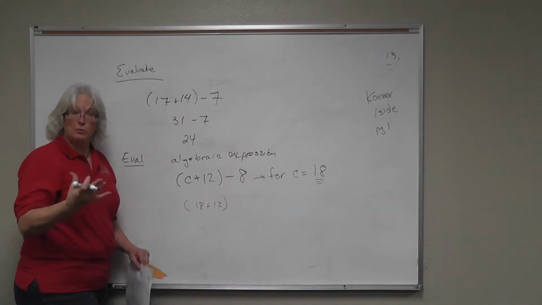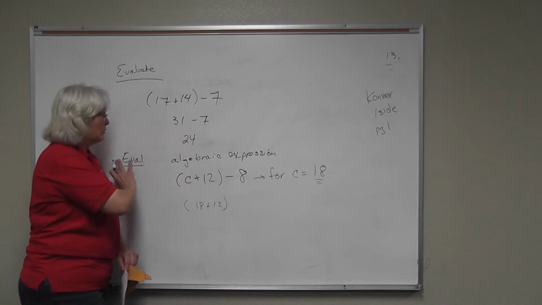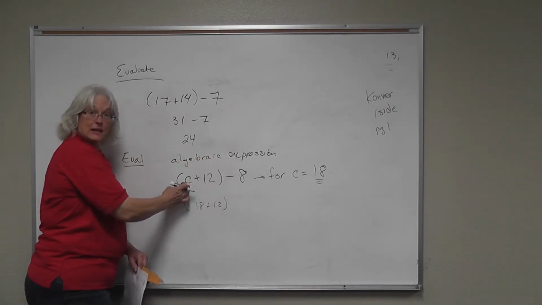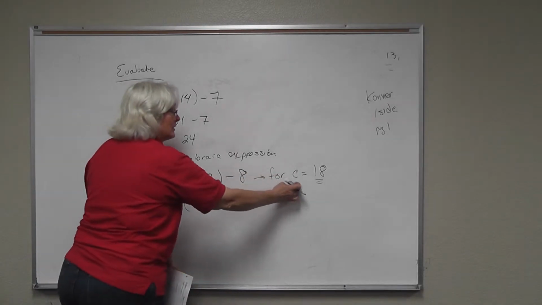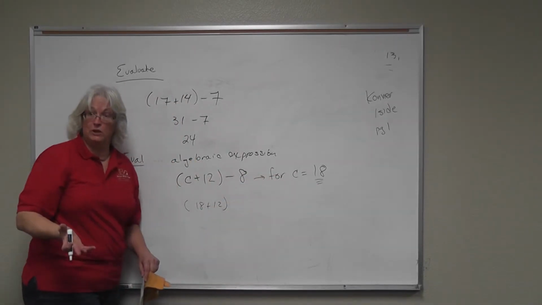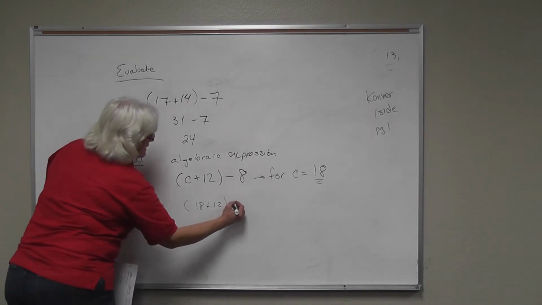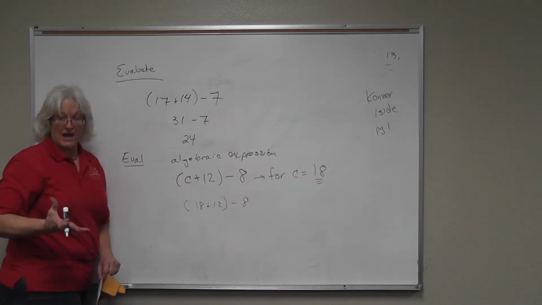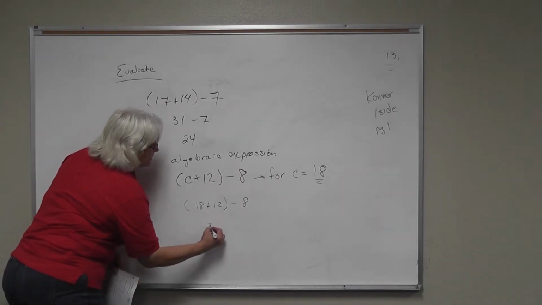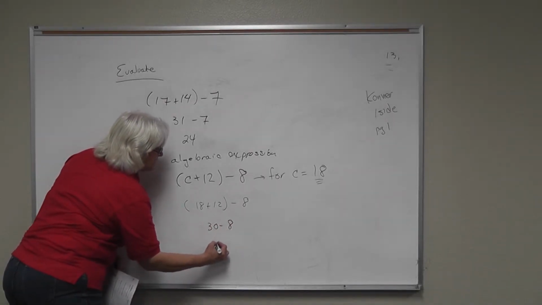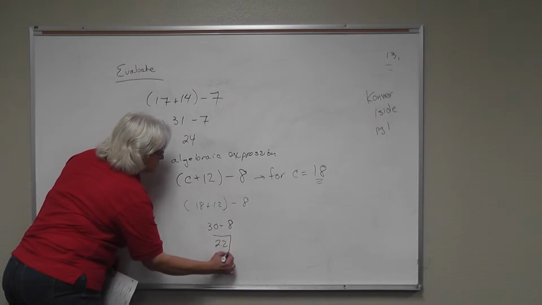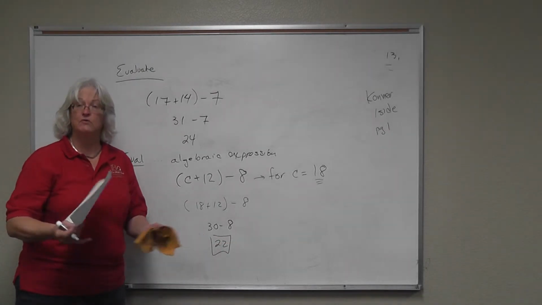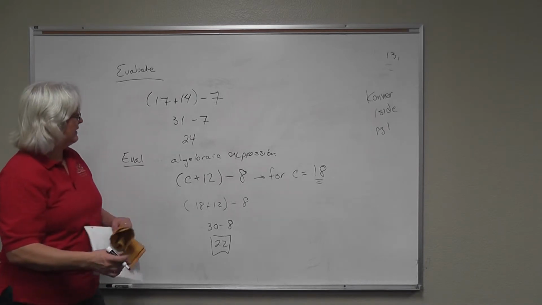Whenever you're evaluating an algebraic expression that has letters, they're going to give you the value that they want you to use. Minus 8. What do you do in the parentheses? You're going to add that first. 30 minus 8, and your answer is 22. So those are the first 4 problems that you're going to have.